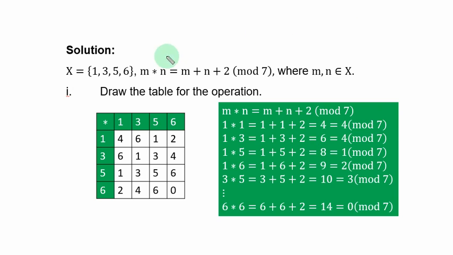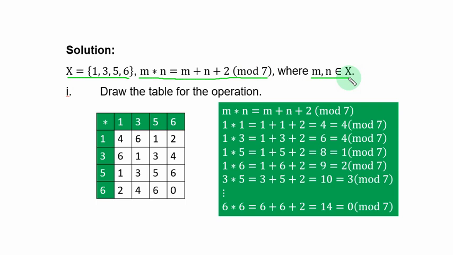From the given question, this is the set, then this is the operation in modulus 7, and we are told that M, N are members of the set S. So we should draw the table for the operation.